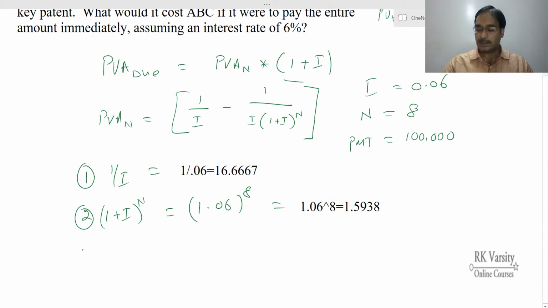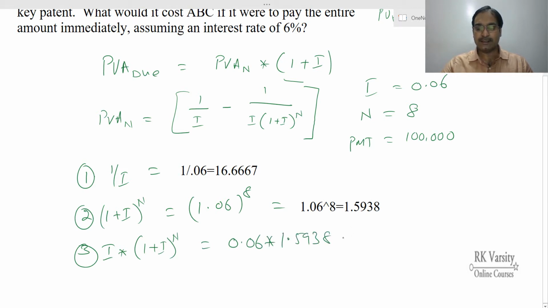Then in step 3, calculate i times (1 plus i) to the power of n, so this equals 0.06 times 1.5938.